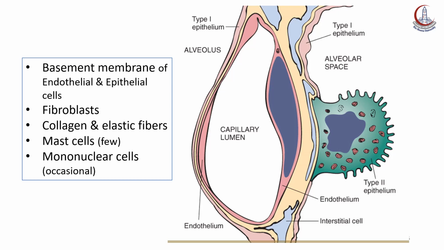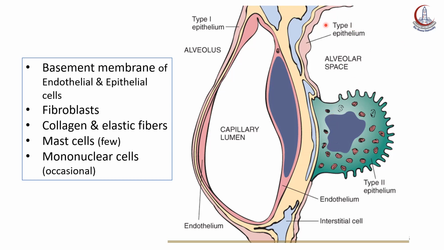Here we can study the perfusion of the lung. That is the alveolar space, lined by type 1 pneumocytes. These cells are called type 2 pneumocytes, concerned with the secretion of surfactant, usually not the main lining of the alveoli, just one cell or a few cells.